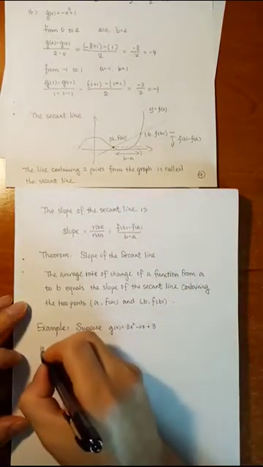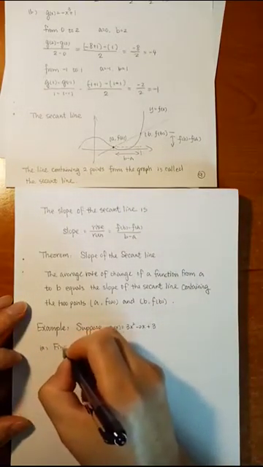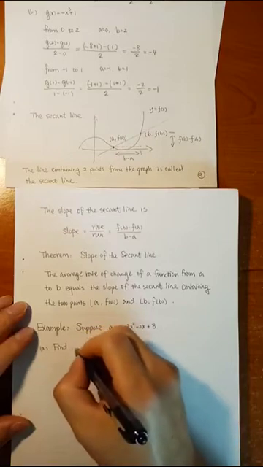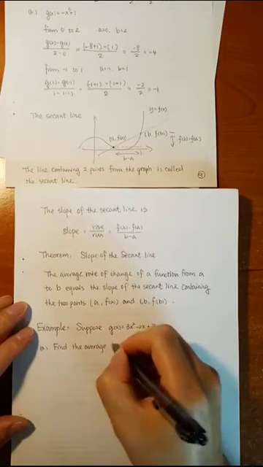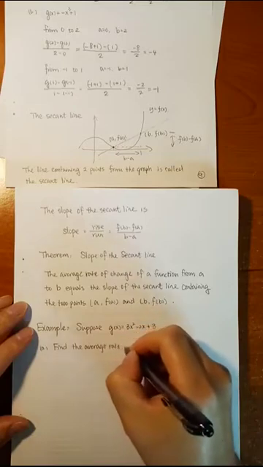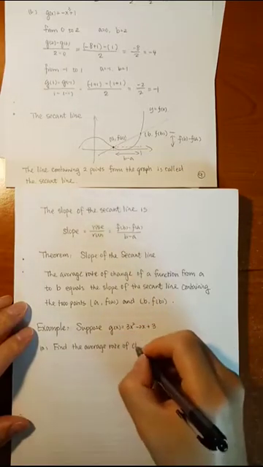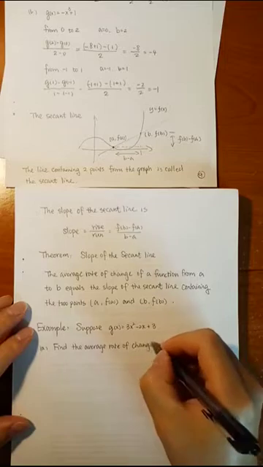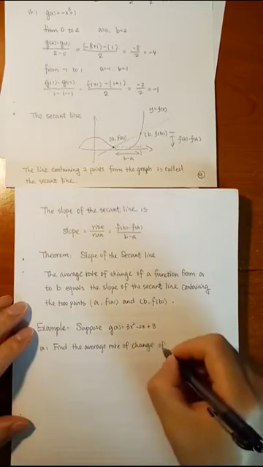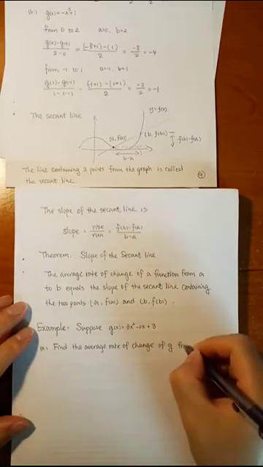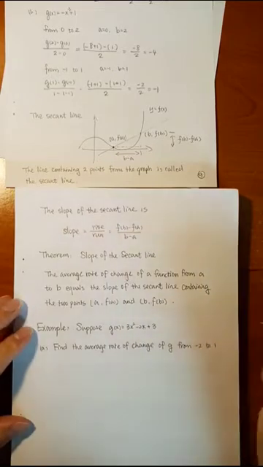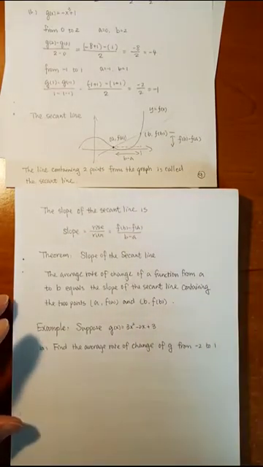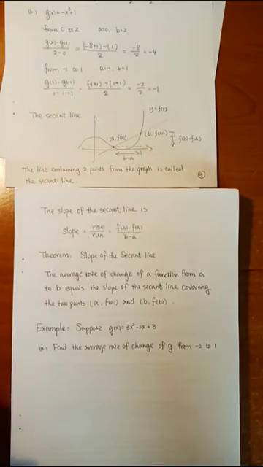First, find the average rate of change of g from -2 to 1.